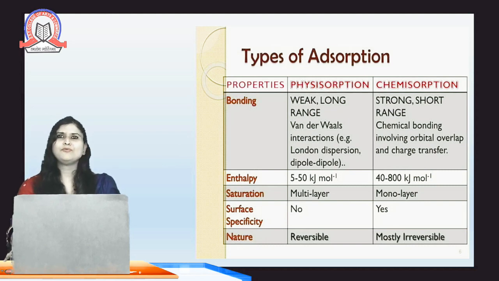Because it is a very weak van der Waals force which can be broken very easily, and a reversible process can take place, because when a liquid comes into contact with a solid and the van der Waals forces break, the liquid can be seen in its original form, and so can the solid. But chemisorption is mostly irreversible because bonds are formed. So when bonds break, different ions can be formed.